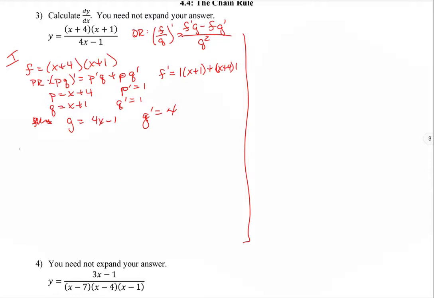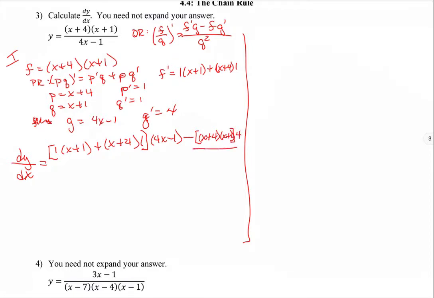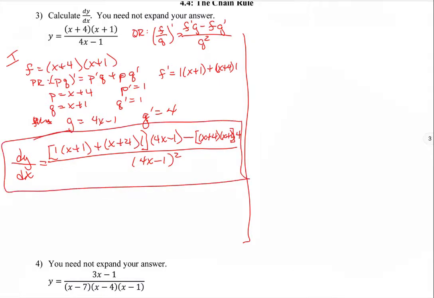So that makes dy/dx equal to f prime, 1 times x plus 1 plus x plus 4 times 1, times 4x minus 1, minus x plus 4 times x plus 1 times 4, all over 4x minus 1 squared. And this is a perfectly good answer.